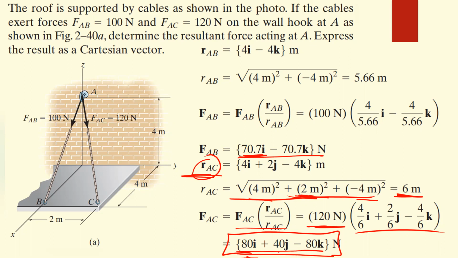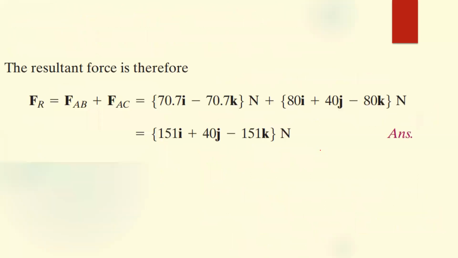Then you also add 40 plus 0. We don't have anything in the j, the y-axis, here, so we add 0 and just remain with 40. Then you also had negative 80 and negative 70, which gives you 150 point something.